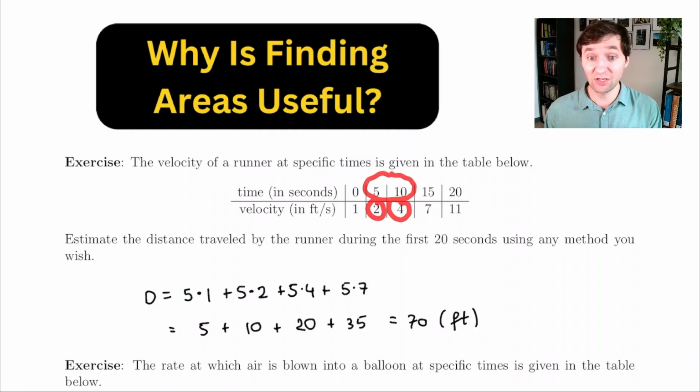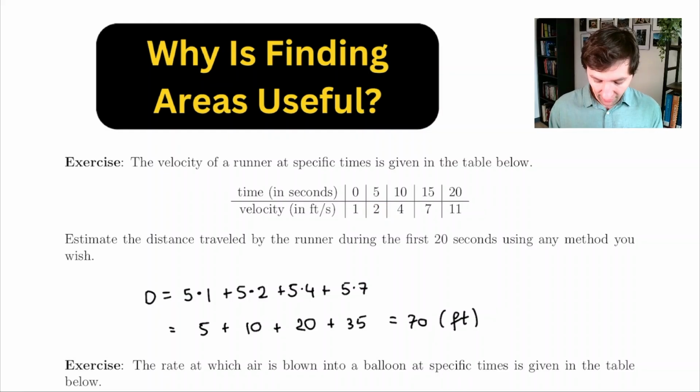That velocity changed over time, but most likely during those 5 seconds, the velocity was somewhere in between 2 and 4. But I assumed that it was 2, and that is why I got an underestimate. To improve this estimate, I wish I had data every 1 second. If I had data every 1 second, my approximation would be much better.